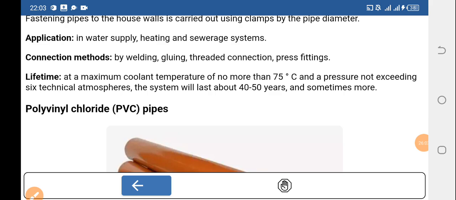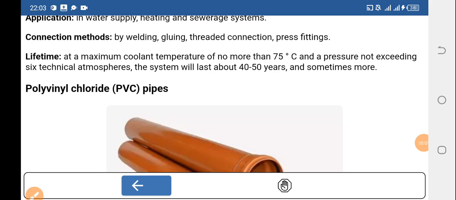Also press fittings. The lifespan for this pipe, at a maximum coolant temperature of no more than 70 degrees and pressure not exceeding 6 technical atmospheres, is that the system will last about 40 to 50 years. So this pipe can last 40 to 50 years and sometimes more than that.